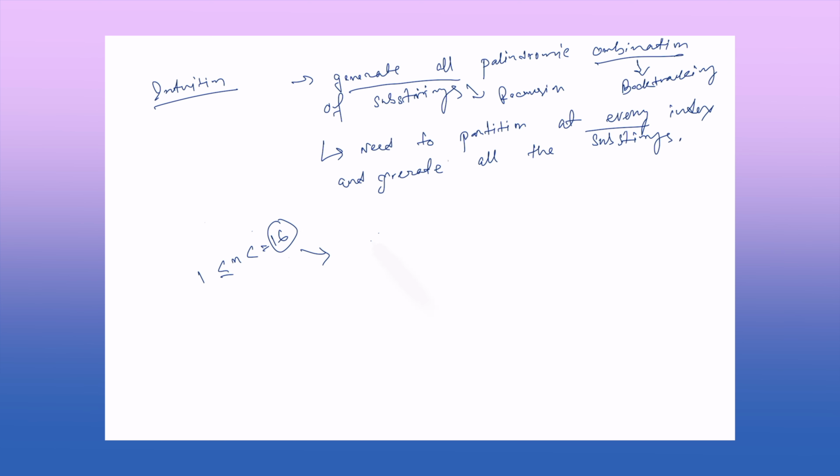So we can think of a brute force approach, or backtracking, or a 2 to the power n solution, or an n factorial solution.